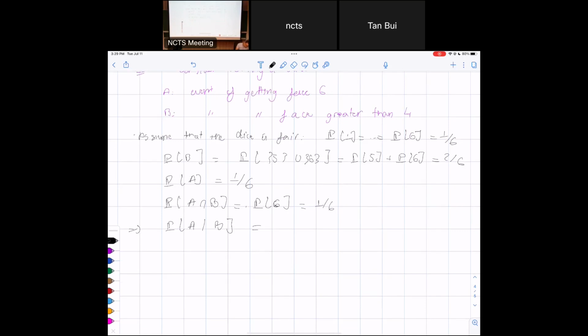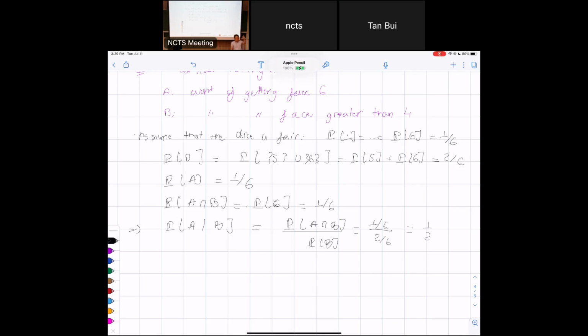Okay, if we actually use the Kolmogorov formula, then this is P of A intersect with B, and this is P of B, right? We just plug in the formula. This is 1/6 over what is that? 2/6. It's equal to 1/2. It's also actually obvious, right? Why?